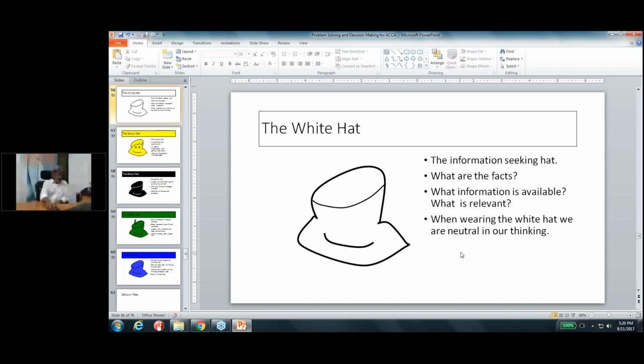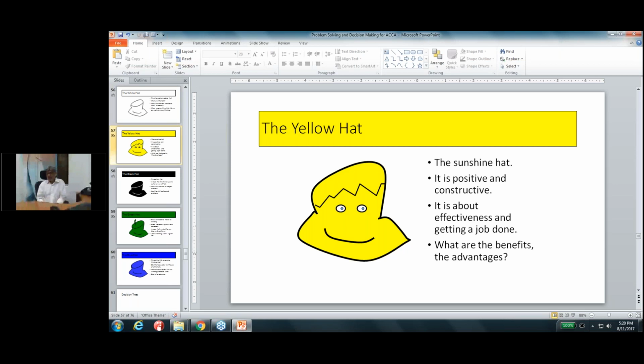Okay, then you have the yellow hat. This is very optimistic. When you wear that hat, you should be optimistic about it. You should give positive ideas about this: that by selecting a particular option, by opting for this particular decision, we will get that, we will do that, we will have this.